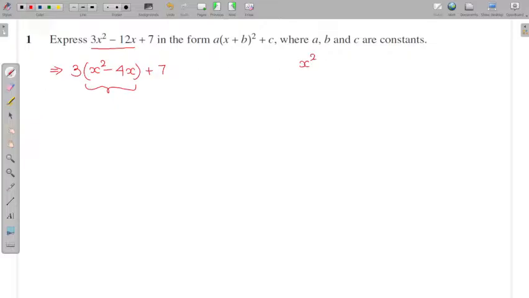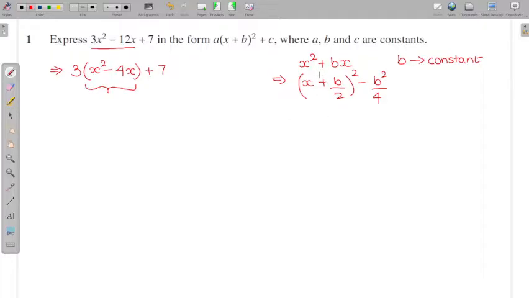Whenever you have some expression in this form, x squared plus bx, so if you have an x squared term where the coefficient of x squared is 1, and another term of x where the coefficient is b, where b can be any value, there's a formula for that, and that is x plus b by 2 whole square minus b square by 4. Okay, so this is the formula that we are going to apply out here.